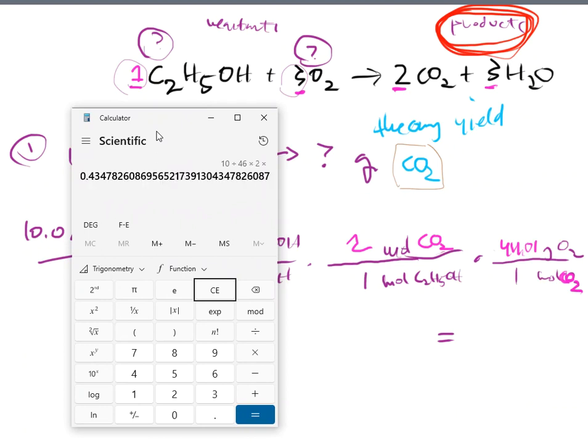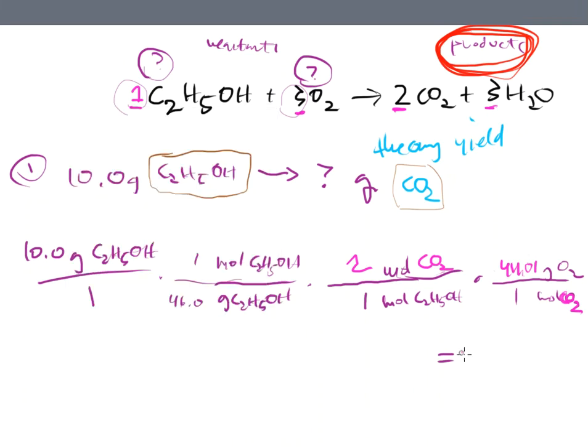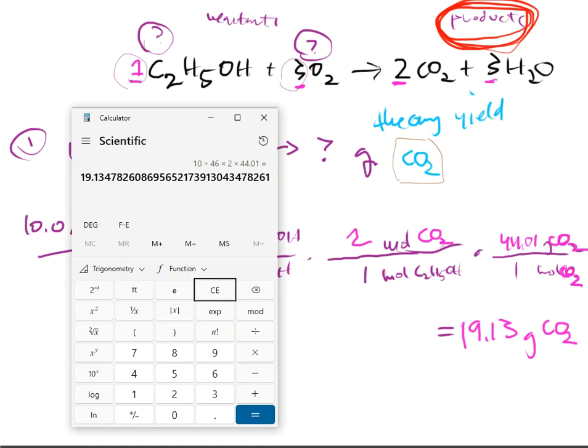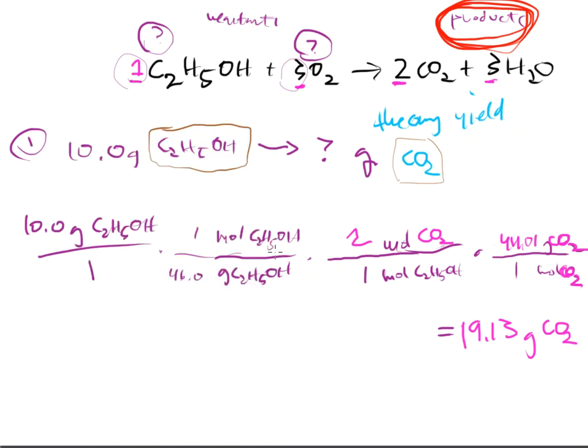And then I'm going to multiply by 44.01. I'll hit enter. And that gives me 19.13. So 19.13 grams of CO2 we should end up with. And folks, that is what we call theory yield. That's theory.